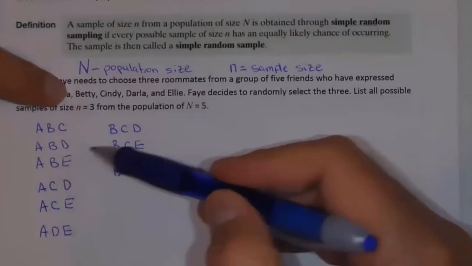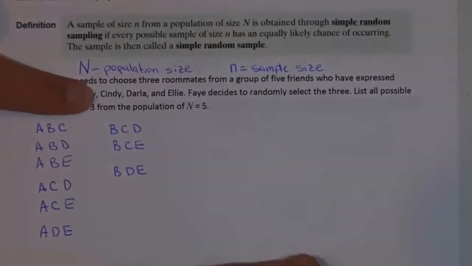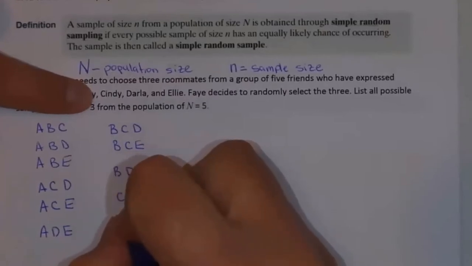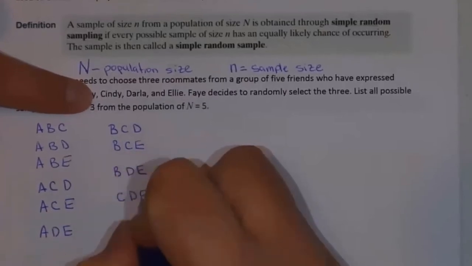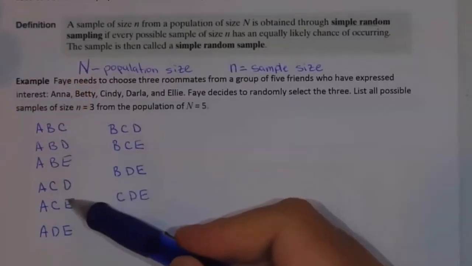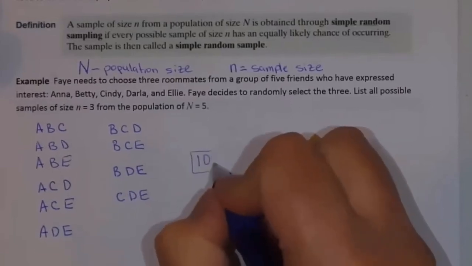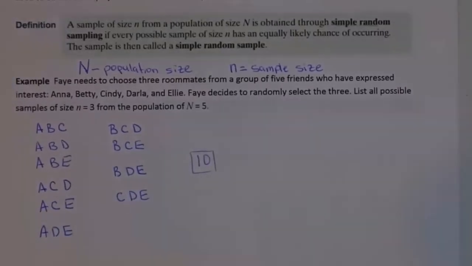She can be in these three, and then she can also be in these three. In addition, we could have a sample that consists of Cindy, Darla, and Ellie. So altogether, there's 1, 2, 3, 4, 5, 6, 7, 8, 9, 10. There's 10 different samples that are possible that Faye could end up with.